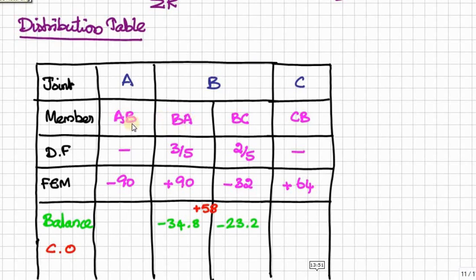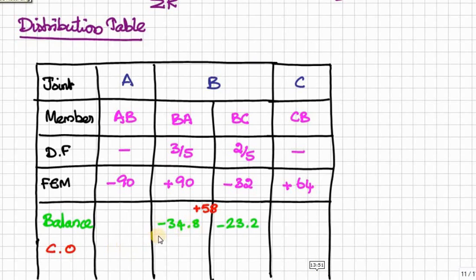BA, AB. So for AB, the joint A is fixed, therefore it can carry extra moment. Therefore, half of this applied moment in balance step will be carried over to this support A or to the member AB.